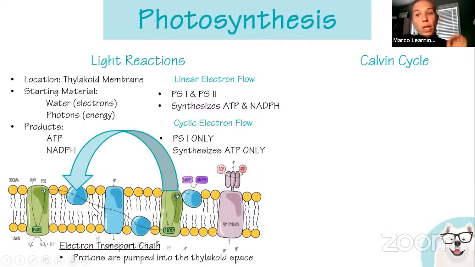So when we looked at cellular respiration, we talked about how the protons were pumped into the intermembrane space. A difference here, now they're pumped into the thylakoid space. So thinking about that, things were pumped out before, now they're being pumped in. The goal is to put it into a small location to build up that concentration. So again, where is there a low pH? Inside the thylakoid space, because there's a high amount of protons in there.